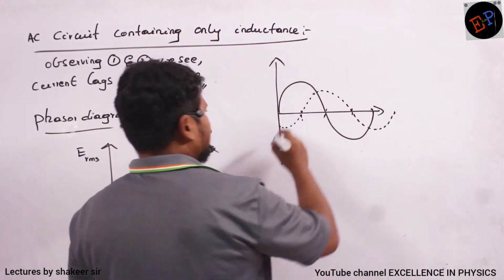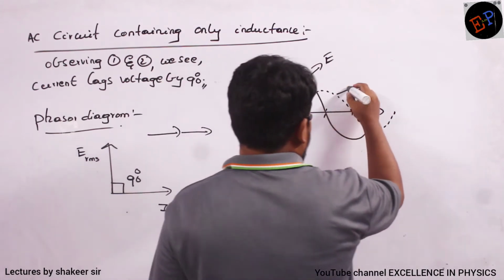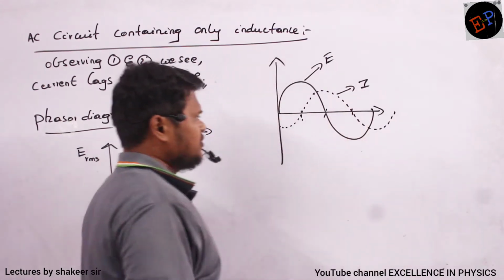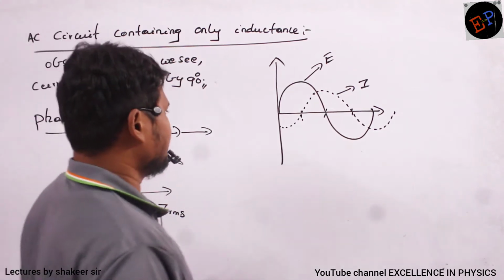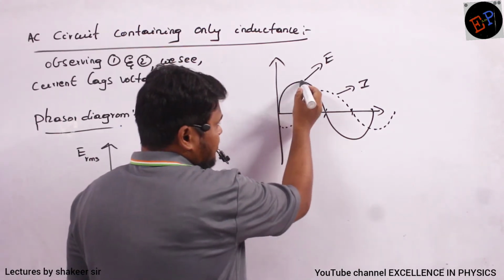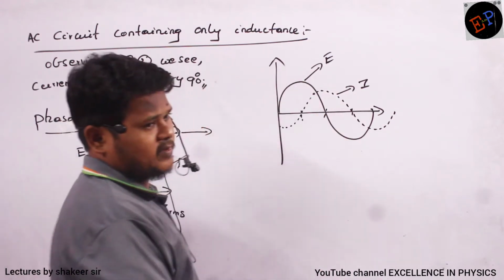This one. Okay. So this is E, the instantaneous value of EMF. This is I, the instantaneous value of current. Can you say why I have drawn the graph like this? Anybody? See, my first EMF is reaching the maximum value, no? After 90 degrees, current is reaching the maximum value.